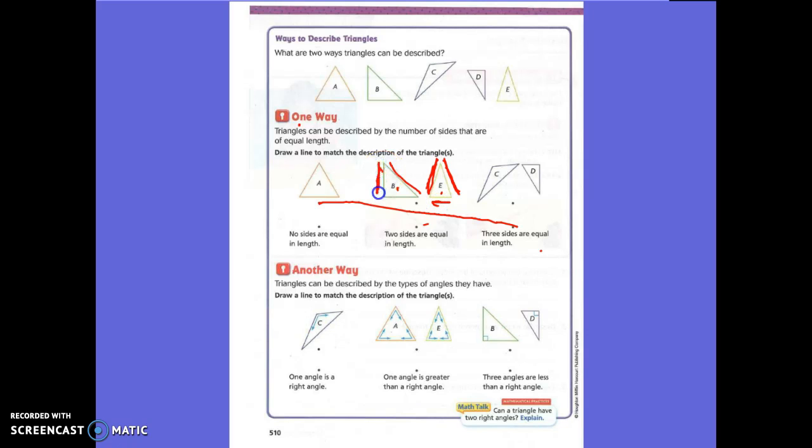And this side and this side is equal, but this side is way longer. Okay, so we said B and E have two sides that are of equal length. And which words say that? The words right below it, right? So you are going to connect the dot by B and E to the lines right below it.